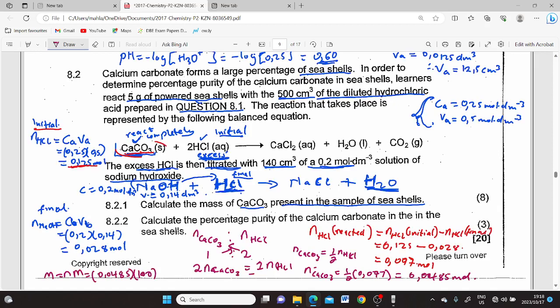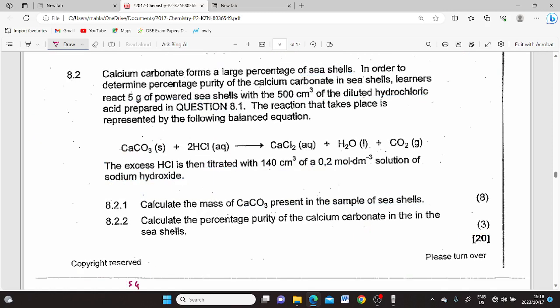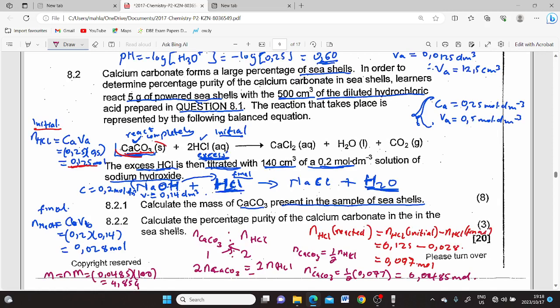That gives a mass of 4.85 grams. That is the mass of calcium carbonate in the sample of seashells.